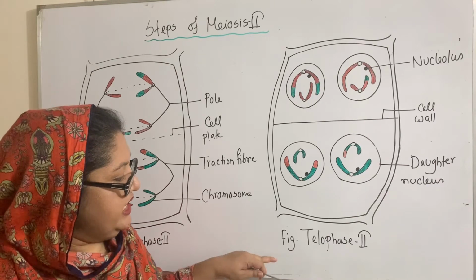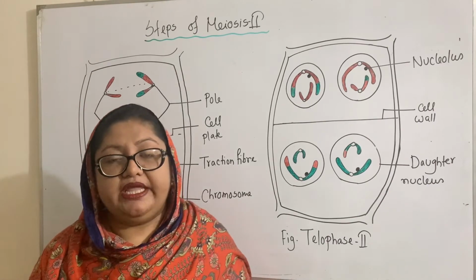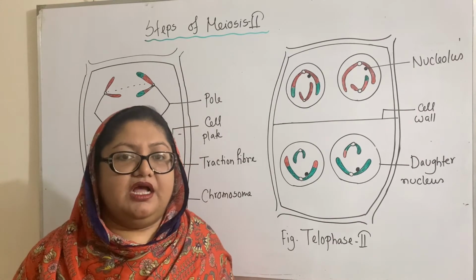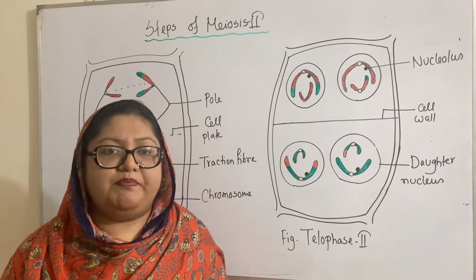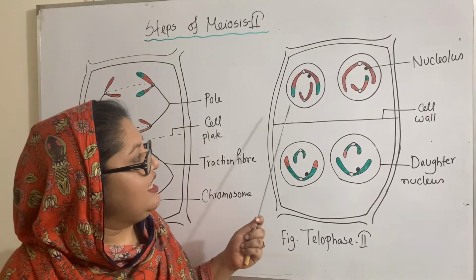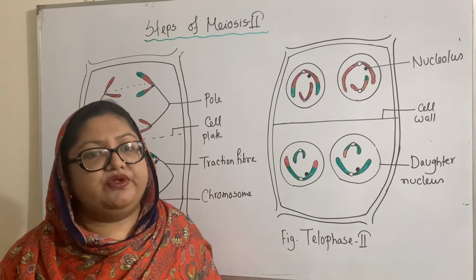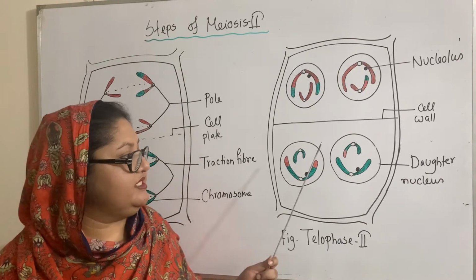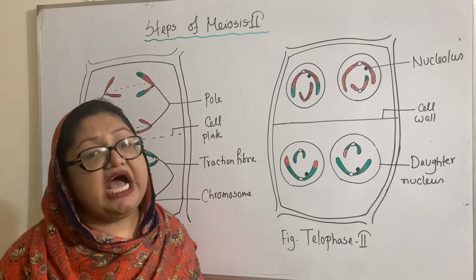So in case of telophase 2, here 4 nuclei are produced, which are not similar to the parental or mother nuclei, because in the mother nuclei the chromosomes were in diploid state, but you can see here the number of chromosomes is half.